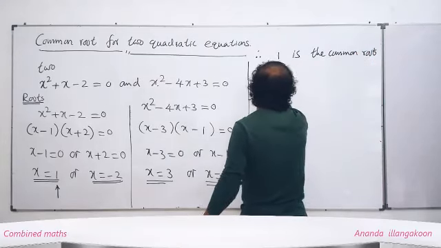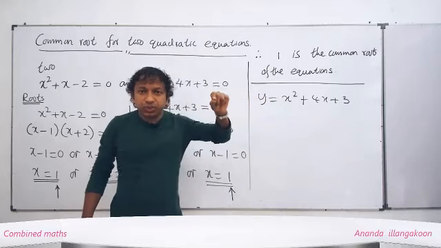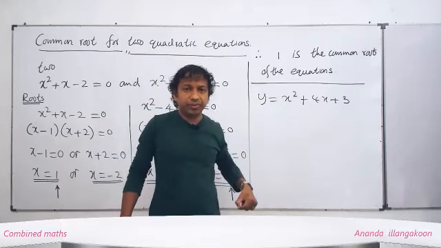And people, if I consider the corresponding graphs: you know how a quadratic equation is obtained? When we have a quadratic function like this, for example, y is on the left hand side.